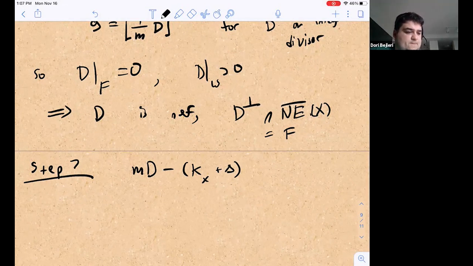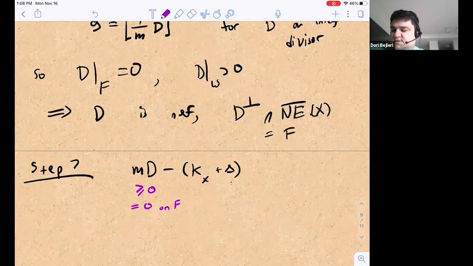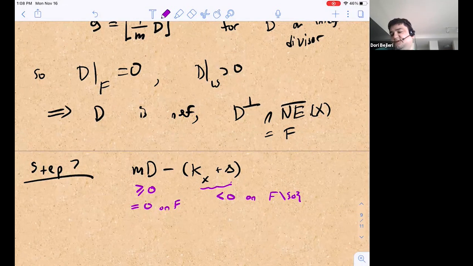So this is greater than or equal to 0 everywhere, but it's also equal to 0 on F. This Kx plus delta, well, somewhere it's less than or equal to 0, somewhere it's greater than or equal to 0, but the point is that Kx plus delta is strictly less than 0 on F, because F is some K negative extremal face.